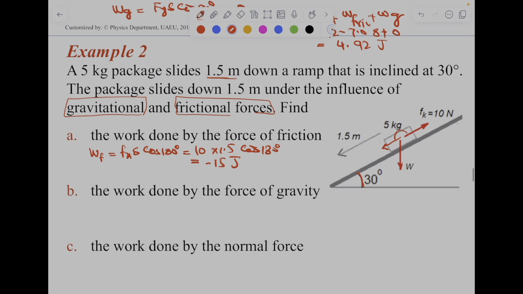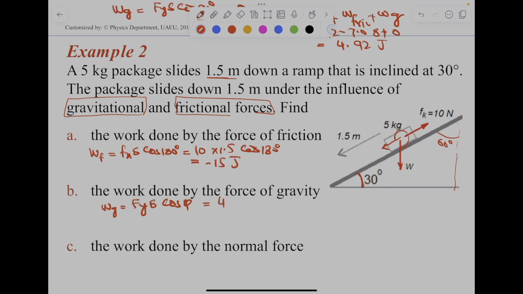So work done by the gravity is the force or the weight along y. The work done by the gravity is nothing but the force along y times s cosine of phi. And what is the angle? Because this is making an angle theta, 30 degree, this angle is 60 degree.